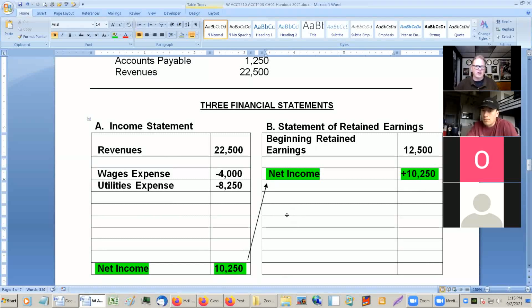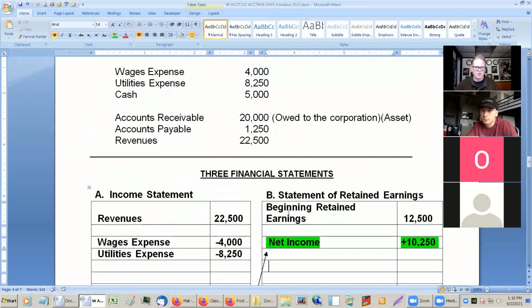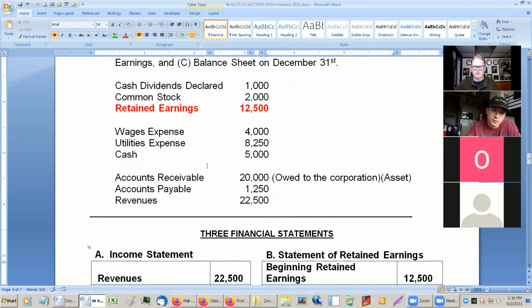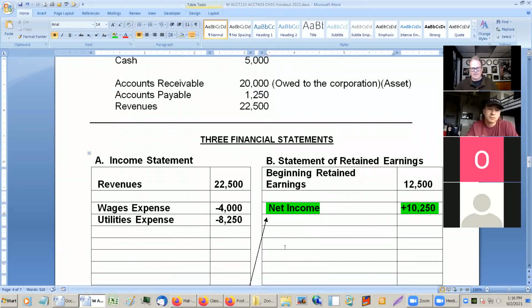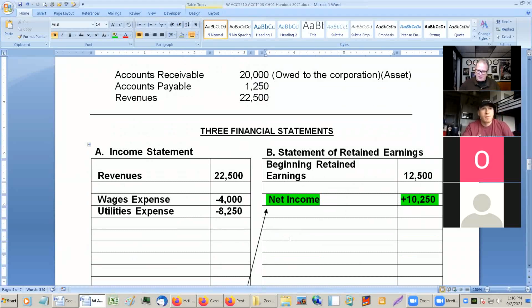Cash dividends go in, but you don't add them. What do you do with them? You subtract them. The cash dividends are the owner actually taking money out of the earnings. So the owner said, okay, I'm going to take some money out of the business.